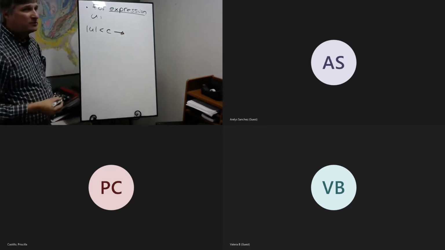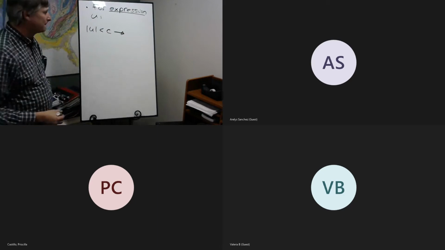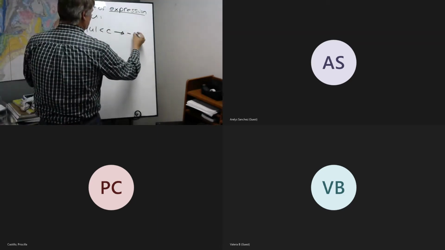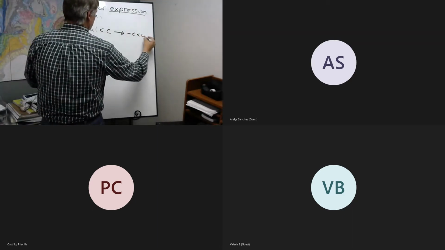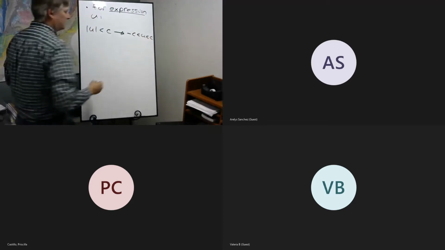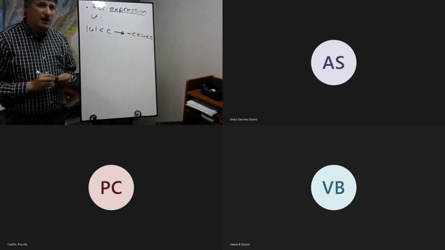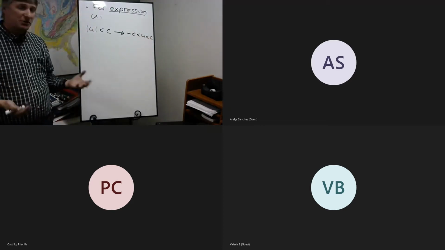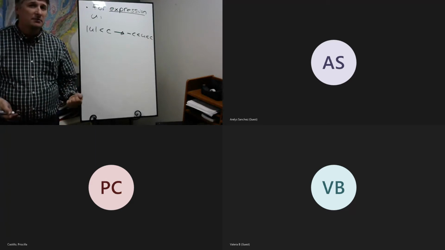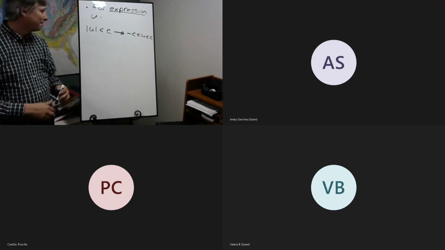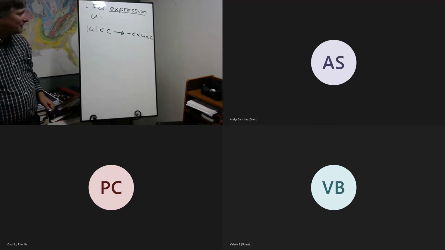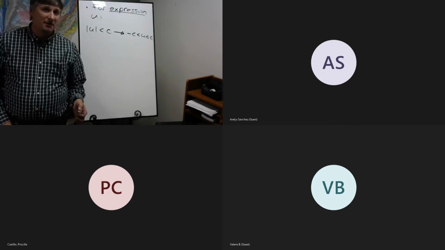If the absolute value of u is less than c, then if we try to remove the absolute values, it'll place the expression u between negative c and positive c. Questions about that?